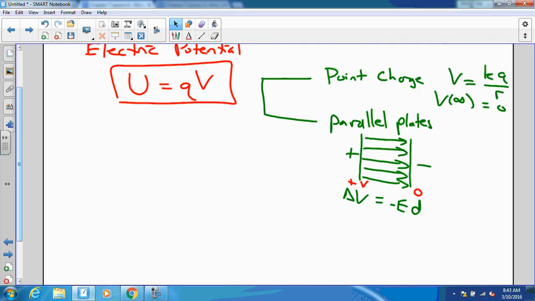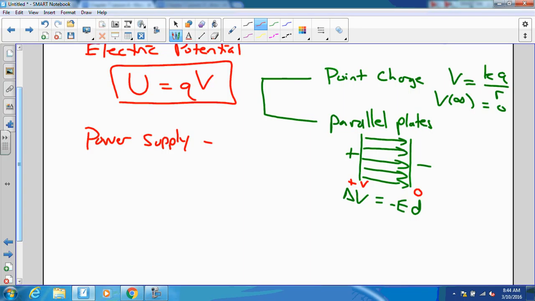All right, so what I have over here is a power supply, and the power supply is designed to deliver a constant voltage to the best of its ability.